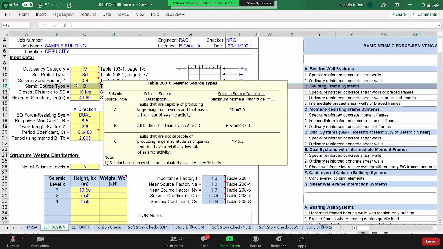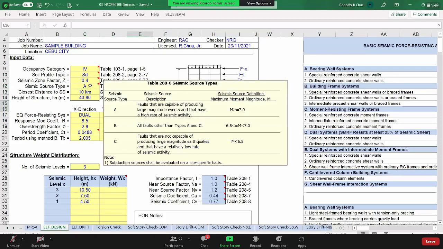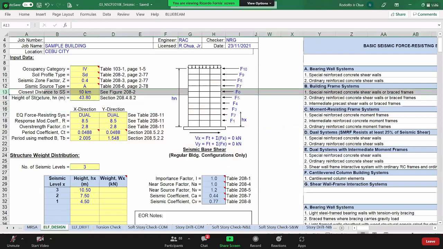When I say conservative assumption is you assume on the safer side. So pwede na ito i-assume as category A. But ang magnitude according to PHIVOLCS is dependent ni siya sa length of the fault line, no, kung pila ka kilometers. And the next parameter is the distance, the closest distance to the seismic source.